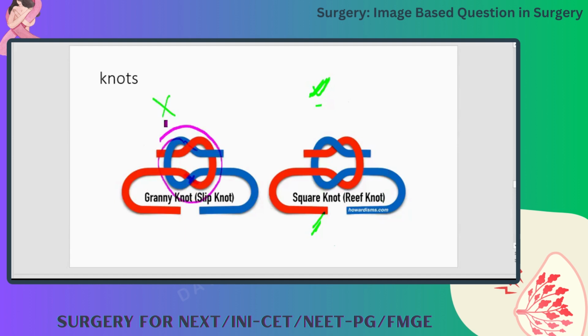So there is no synchrony. See here, red is below, red is below, blue is above, blue is above. So there is perfect synchrony. Once that happens, we call it a square knot. All surgical knots should be square knots. Then only they are secure. There should not be any granny knot.